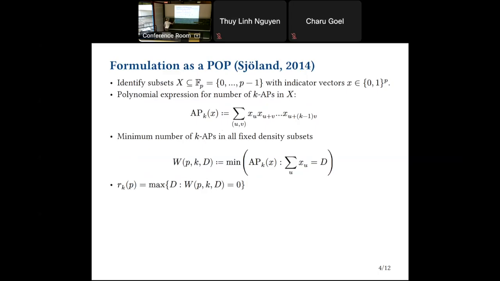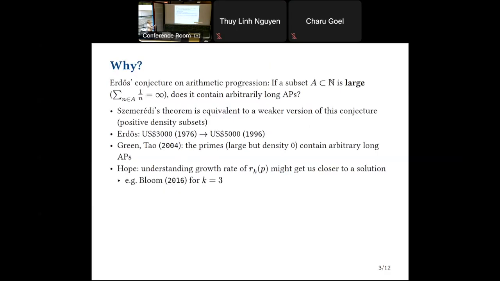Then you have positive density. And so this is a bit weaker, but the proof was very, very successful in terms of generating new techniques for combinatorics. So from that perspective, it was very, very successful.